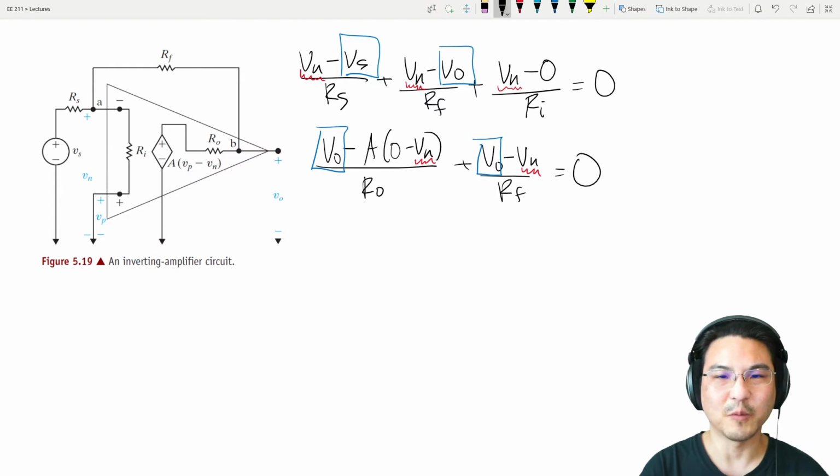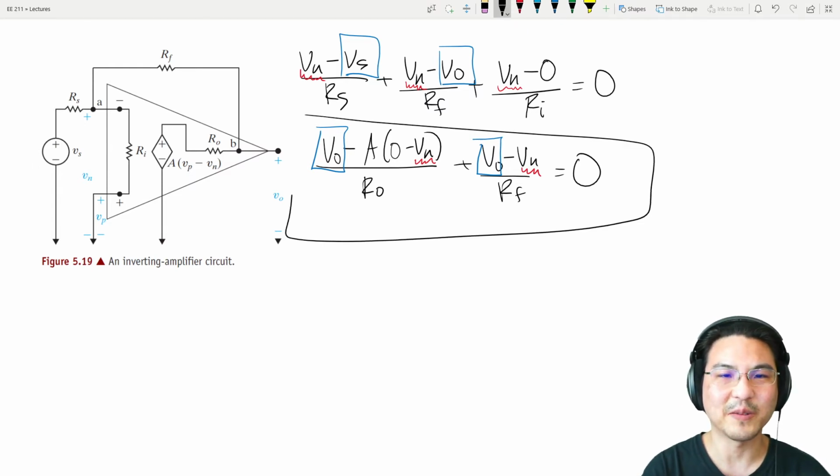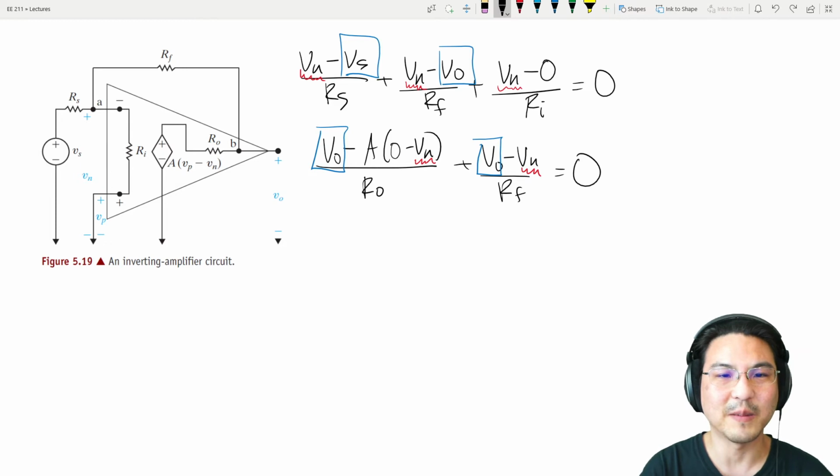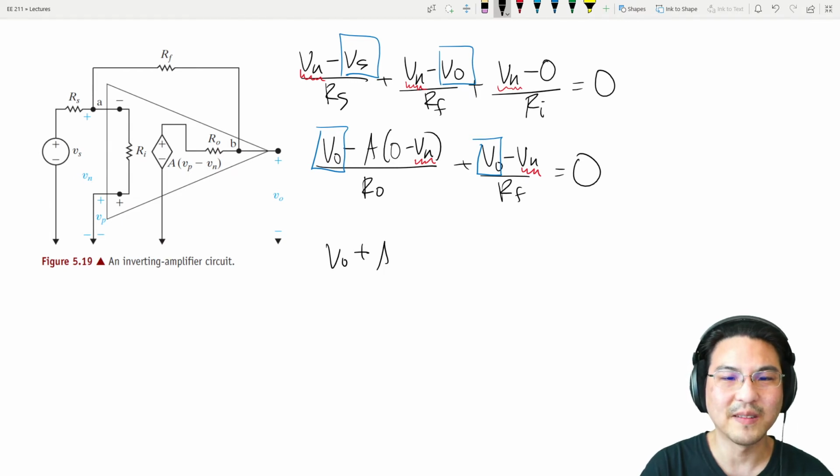So if I work through really quickly, let's say you take this one, solve for Vn. So let me just write this, Vo. So this is minus A times minus Vn, so plus A Vn.